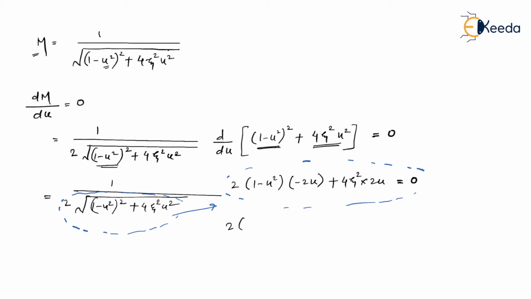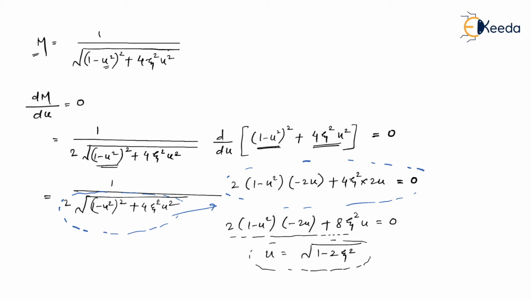What is remaining is twice of (1 minus u square) multiplied by minus 2u plus 8 zeta square times u, which is equal to 0. After solving this, try to get the value of u. So u will become under root of 1 minus 2 zeta square.